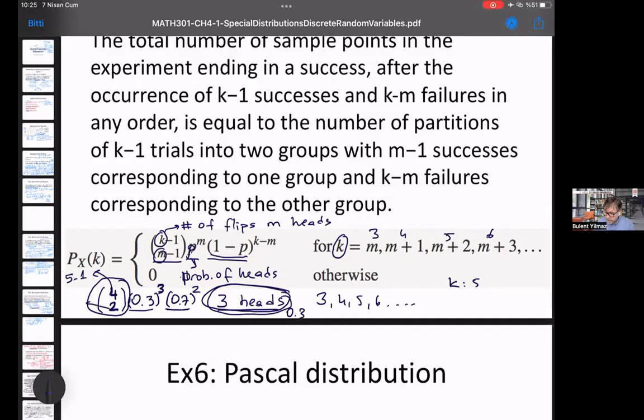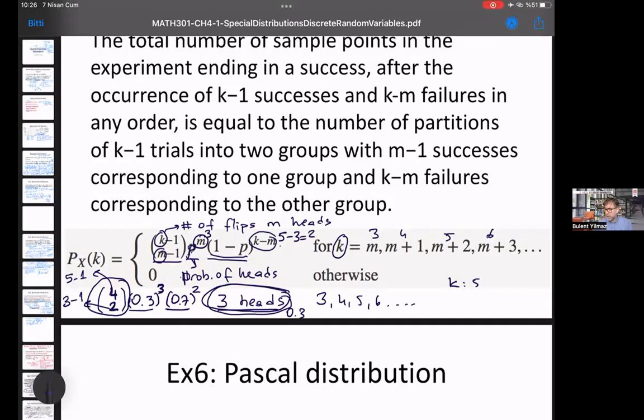And I'm aiming for 3 heads, so 3 heads minus 1, okay? I hope you understood what's going on here. This is the number of heads you are aiming for, 3. You have 5 flips and 3 of them are heads, and I am left with 2 tails.